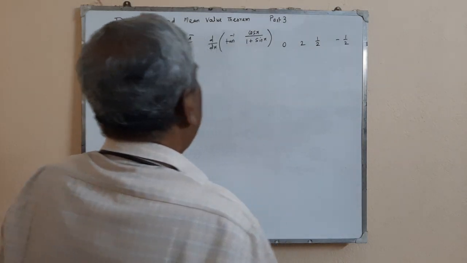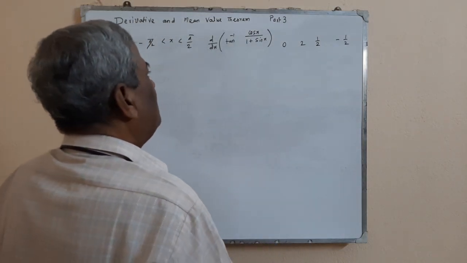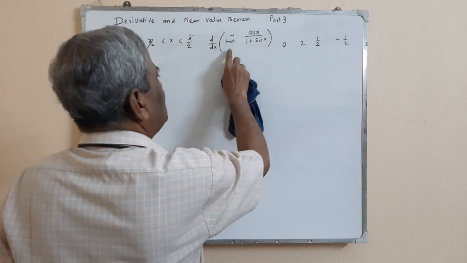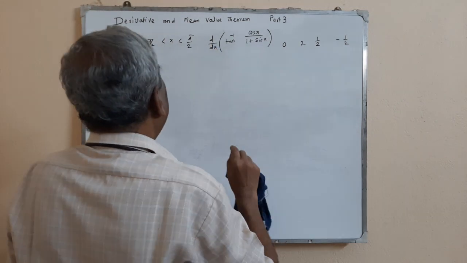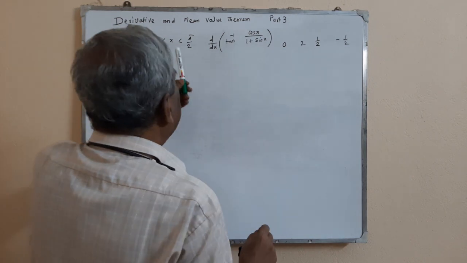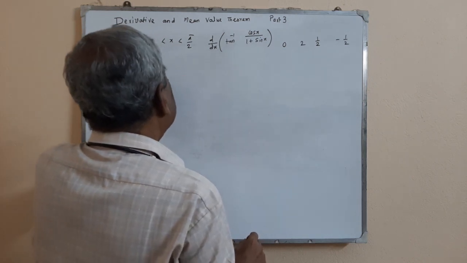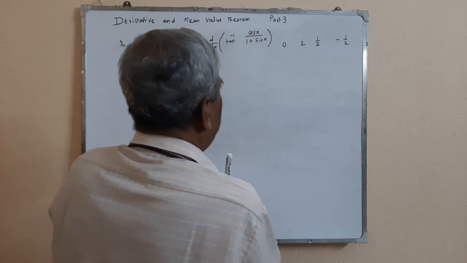So it is also a very simple problem. One function of x is there and we have to find its simple derivative, and the range of the function is given within minus pi by 2 to plus pi by 2.